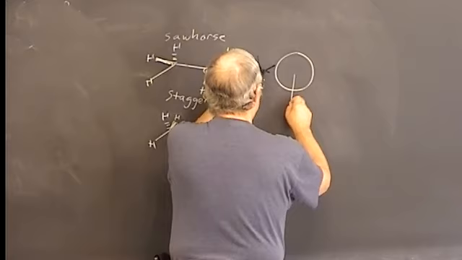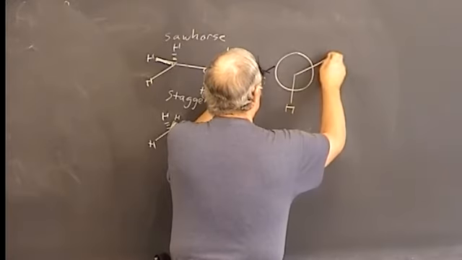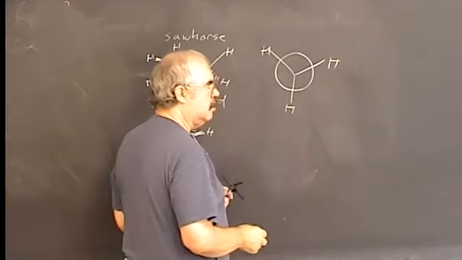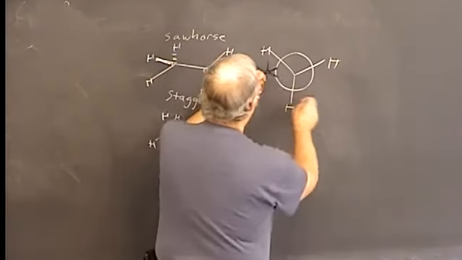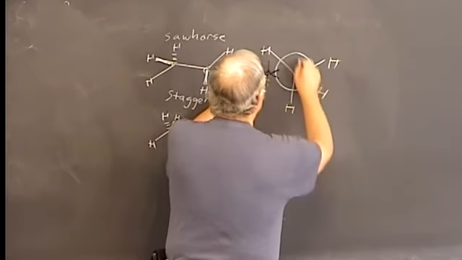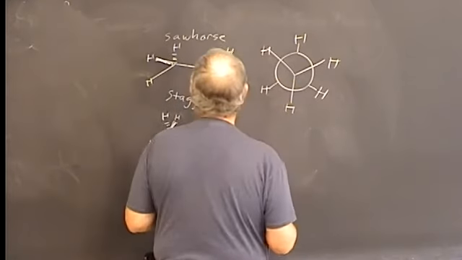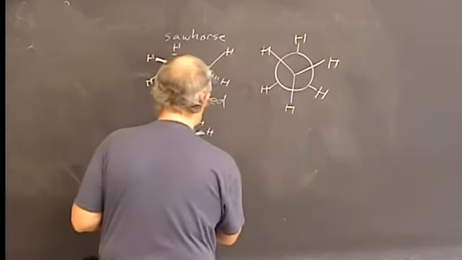The carbon in front has the substituents originate from the center of the circle. The carbon in back, these will originate from the outside of the circle. So that's the staggered, this is the eclipsed.